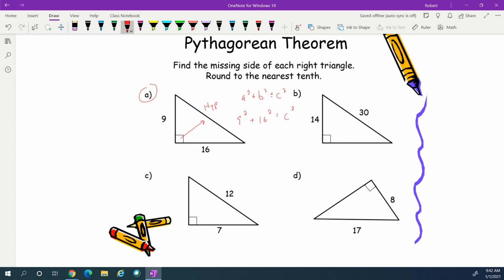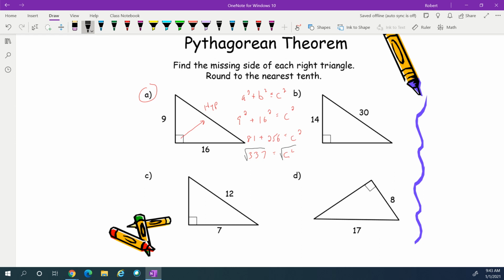So we're going to just do some quick math here. We have 9 squared, which is 81. 16 squared is 256. And that equals c squared. Of course, we're going to add 256 and 81 for 337 equals c squared. And remember, to get c by itself, we need to take the square root.